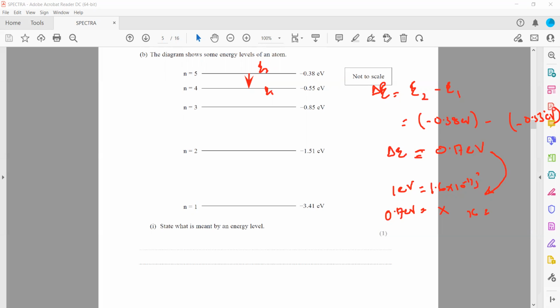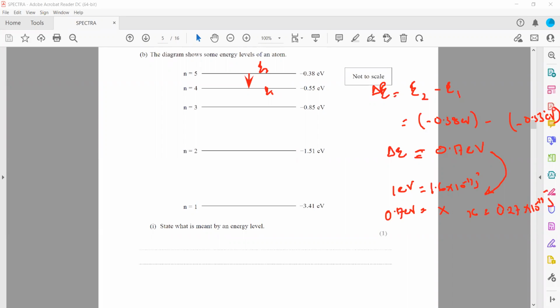So 0.17 times 1.6 gives us 0.272 times 10 to the power minus 19 joules.